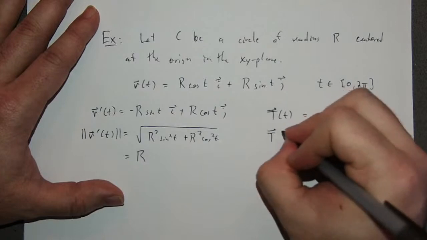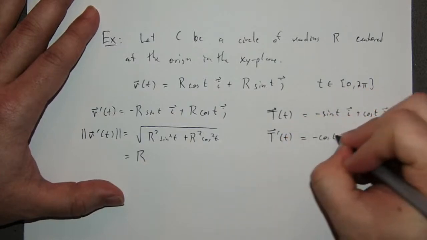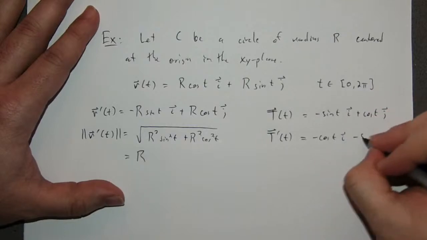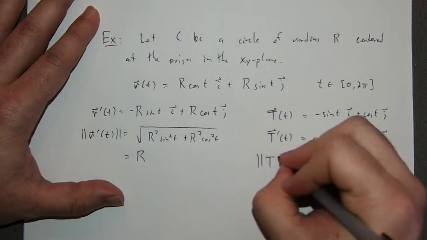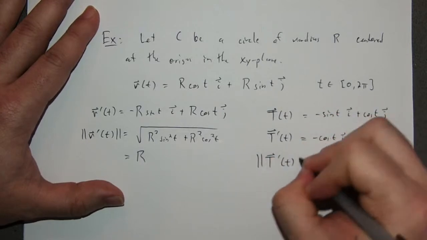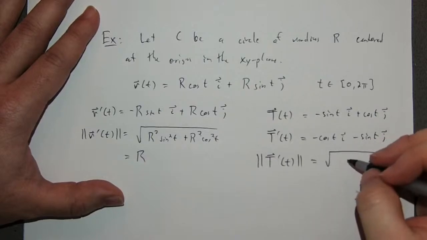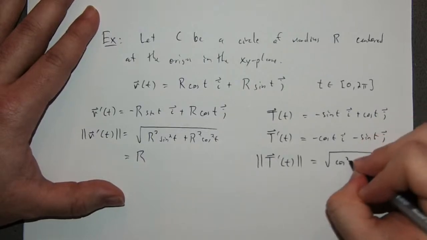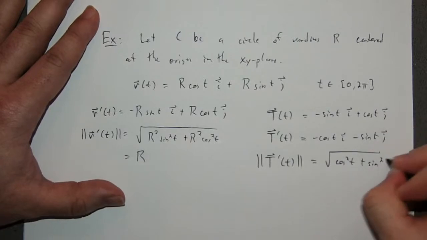So T prime is minus cosine t i minus sine t j, and the length of T prime of t is the square root of minus cosine t squared, which is cosine squared t, plus minus sine t squared, which is sine squared t.